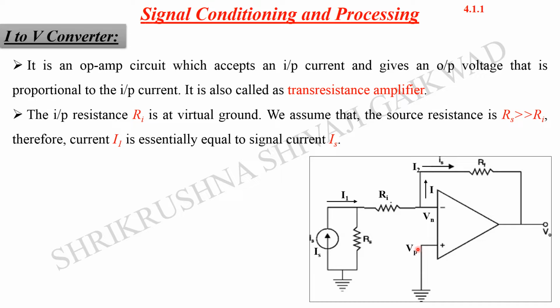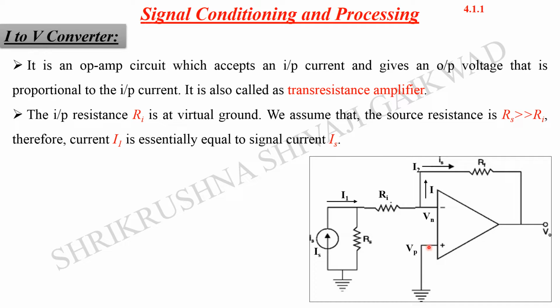So here Vp is represented as the non-inverting terminal potential, and Vn represents the inverting terminal potential at this point. N stands for the negative one, P stands for the positive potential.